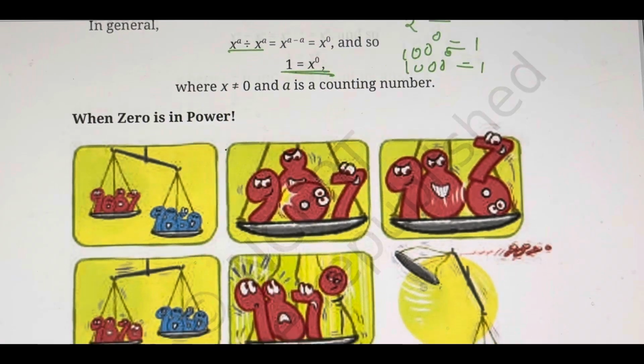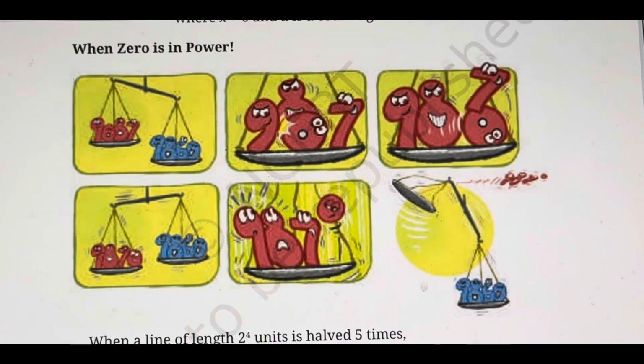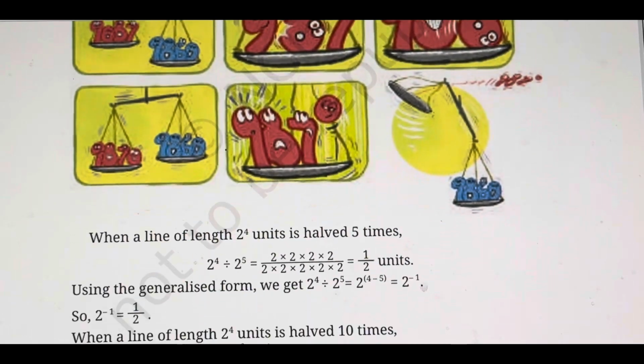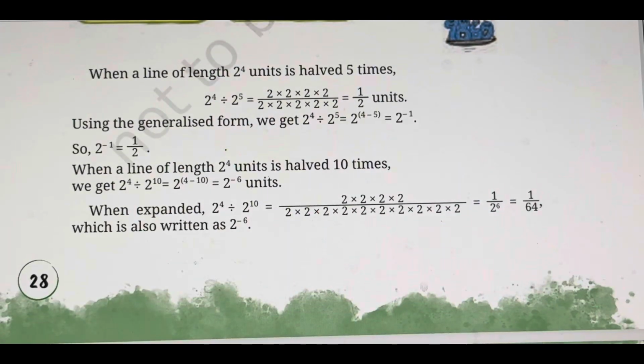So we just understood what happens when 0 is in the power. It becomes 1. Now let us see when a line of length 2 raised to 4 units is halved 5 times. Now we understand the other side of powers. Till now we were understanding division with the same base and different powers, subtracting them.